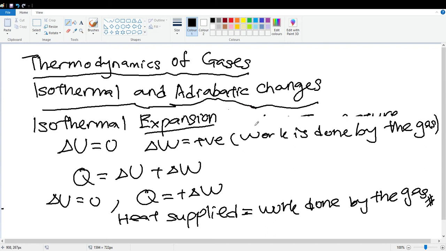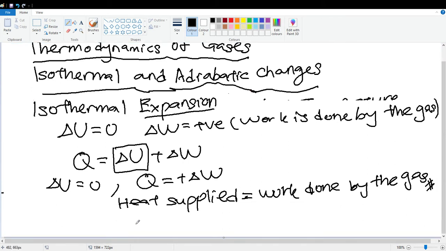Hence there is no increase in internal energy, the change in internal energy is equal to 0, and hence the temperature remains constant. This is what we call isothermal expansion.